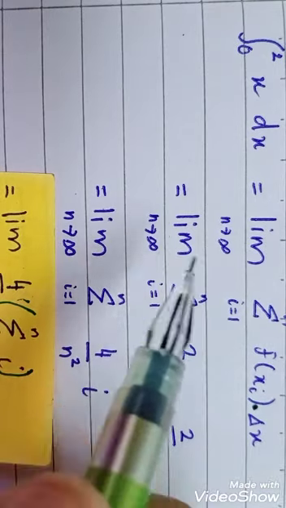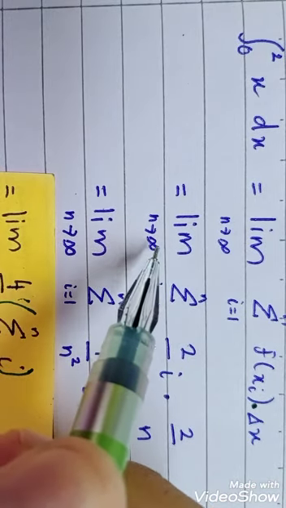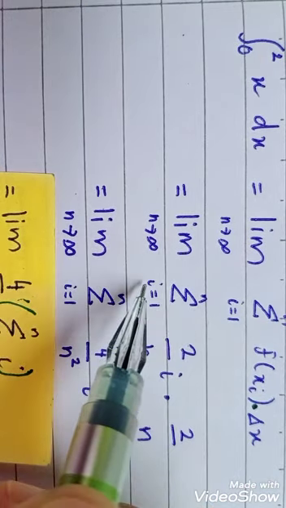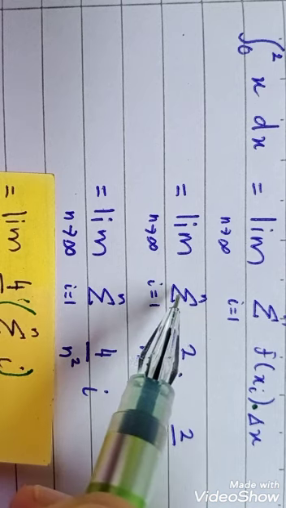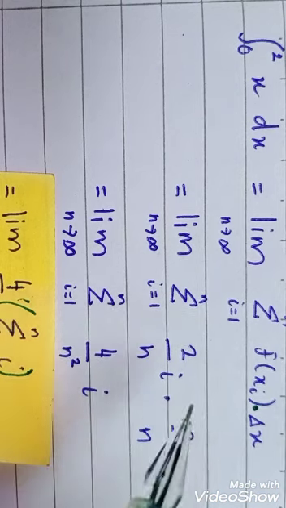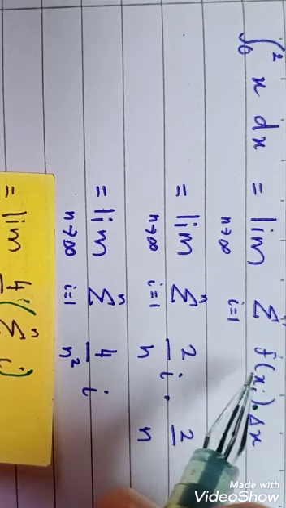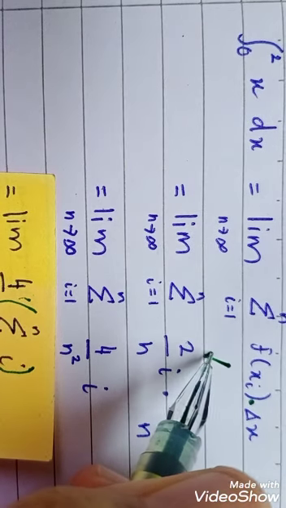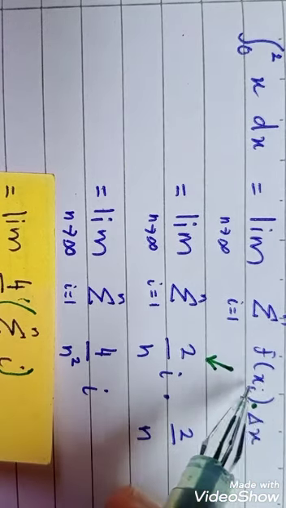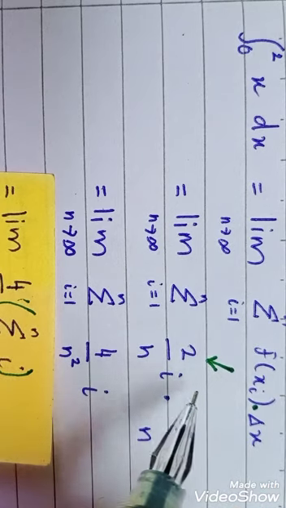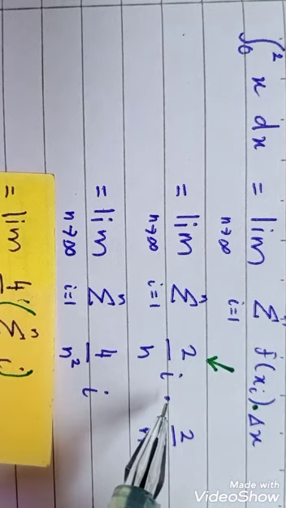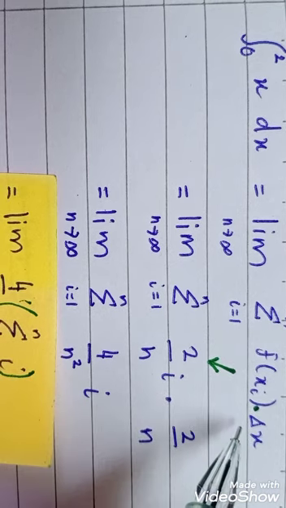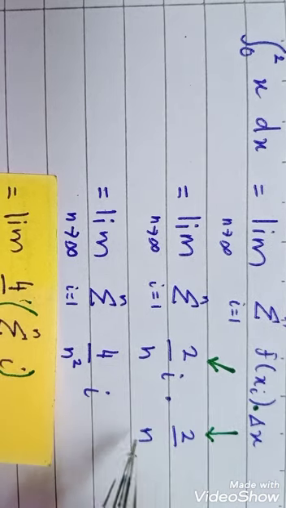So the f(xi) value is 2 over n times i, times the delta x, which is 2 over n.